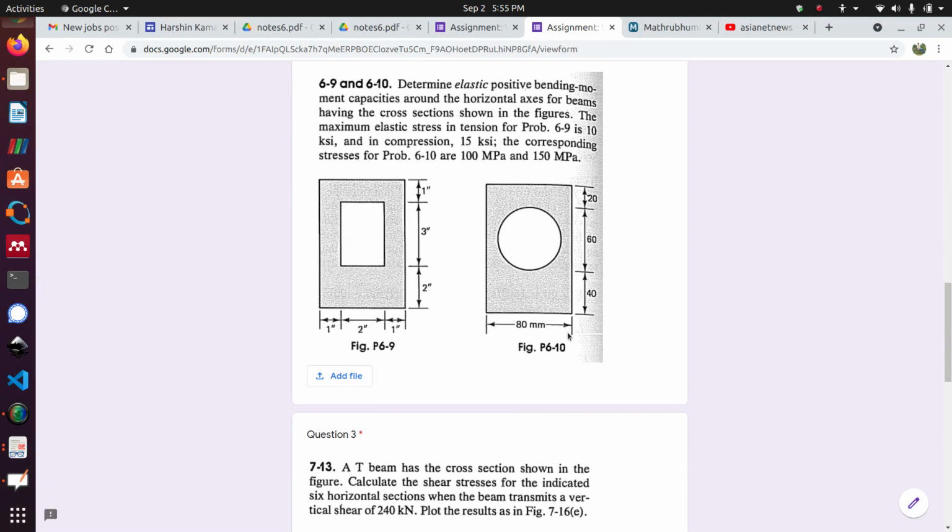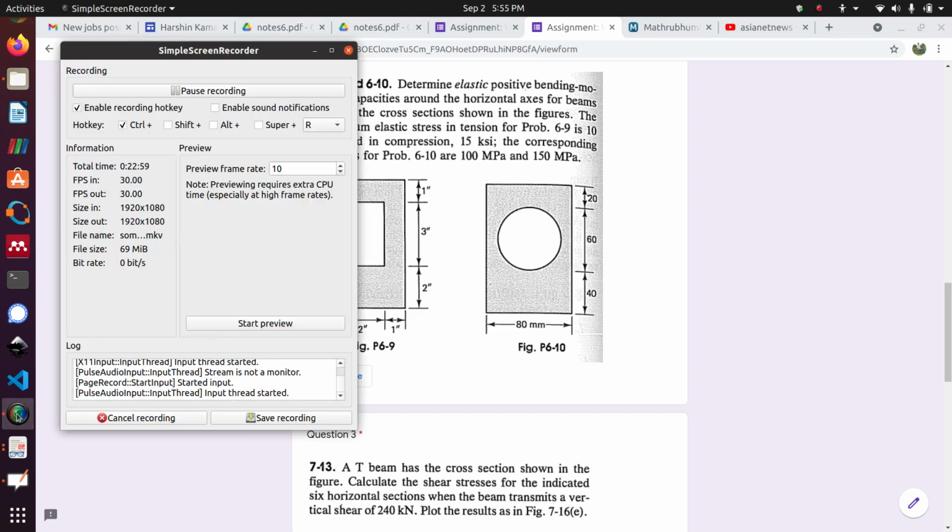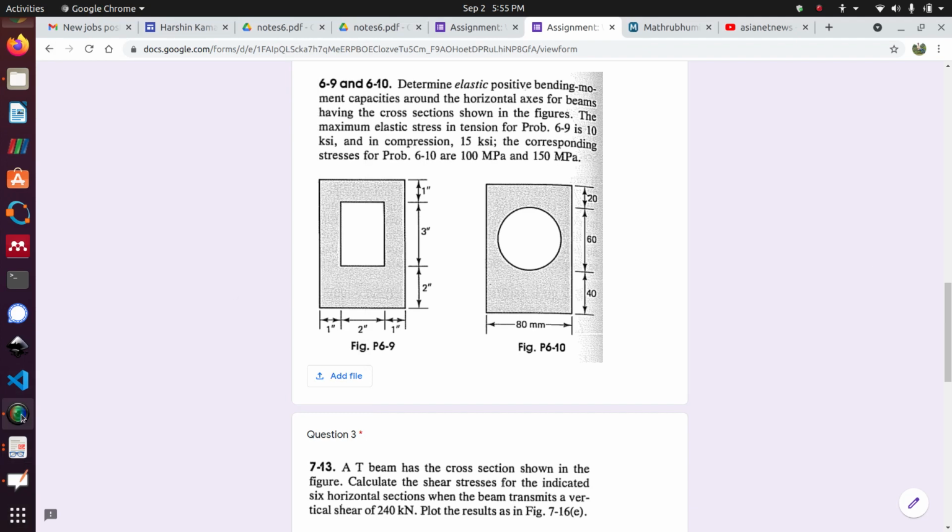Now the second question: determine elastic positive bending moment capacities around the horizontal axis for beams having the cross sections shown in the figures.